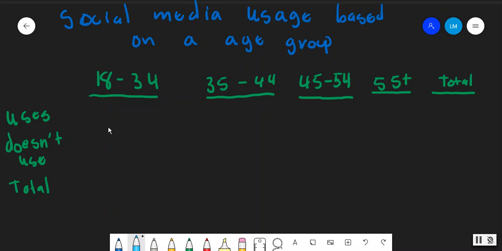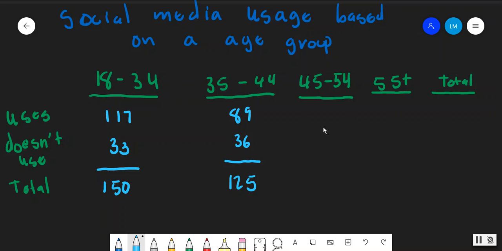So, the first group has 117 that said that they use social media, but then there were 33 that do not. So the total is 150. In the next age group, 89 said that they use social media, but 36 said that they do not, so that's 125.